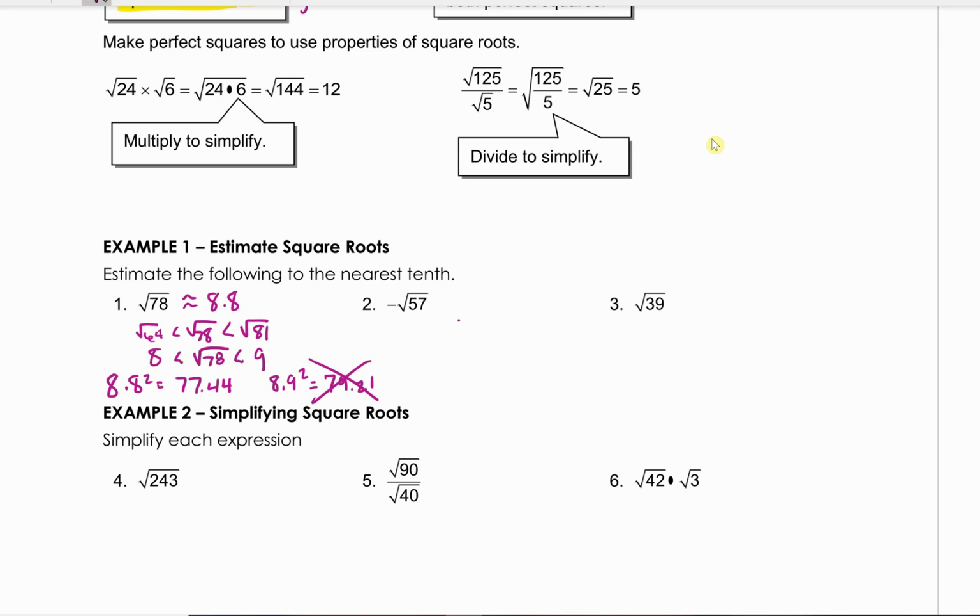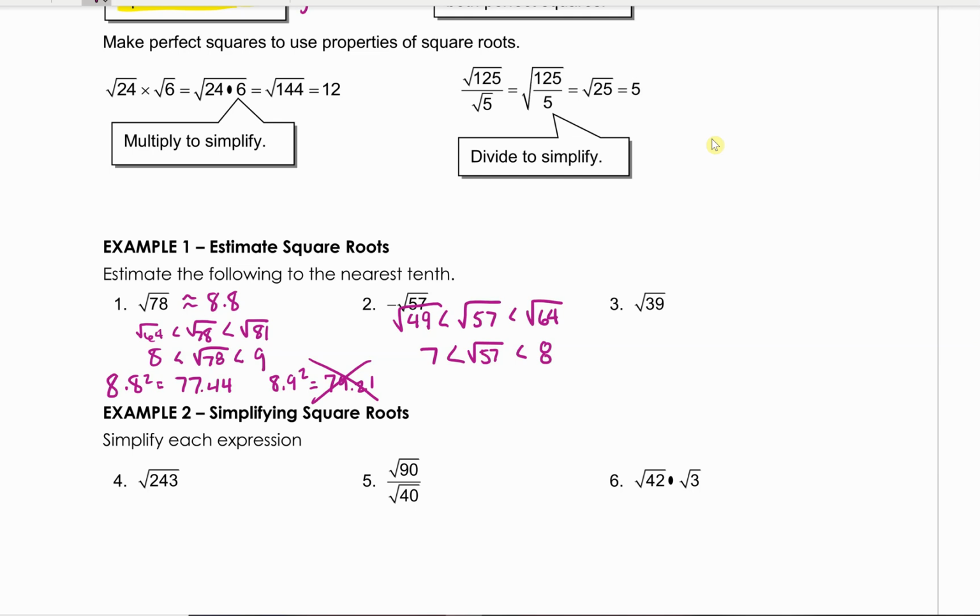Next, 57. That's going to be between 49 and 64. And again, I'm picking these values because they are perfect squares. So we're between 7 and 8. It's a little closer to 64, so let's try 7.6.